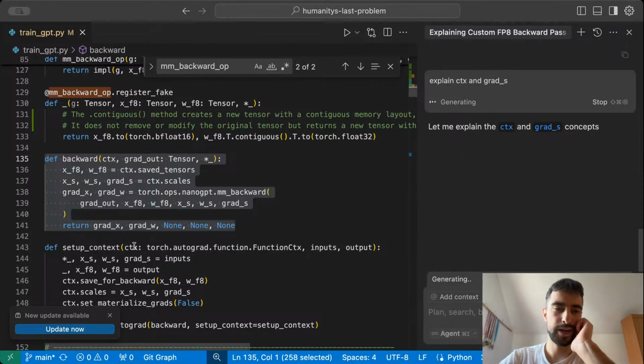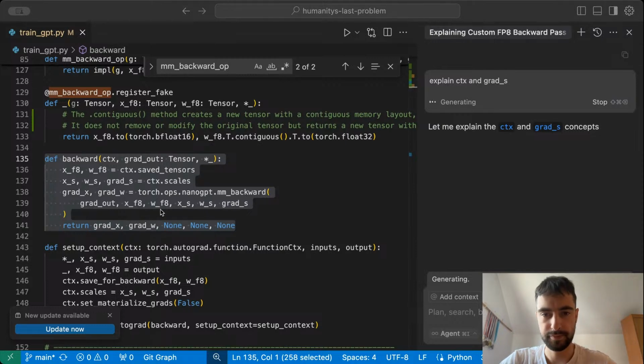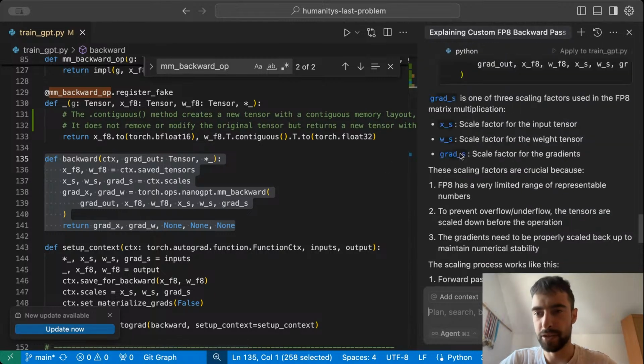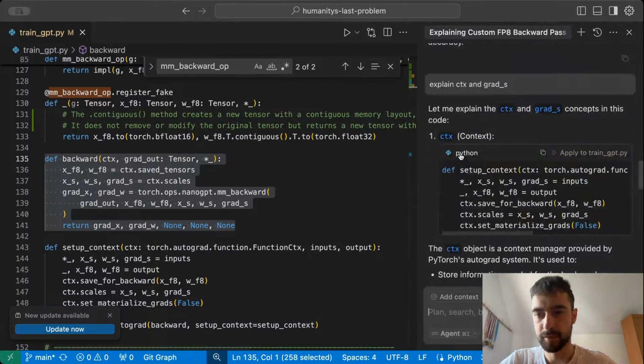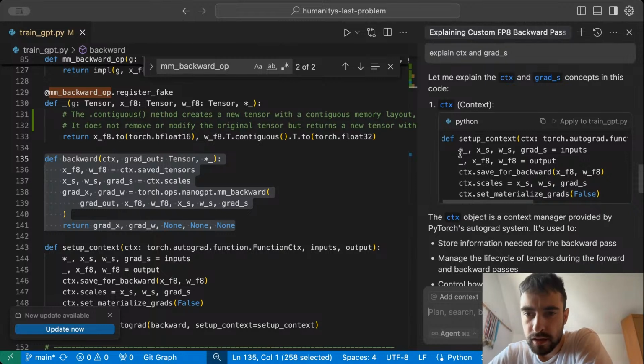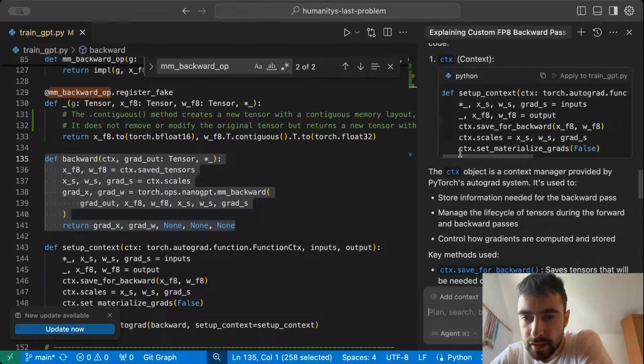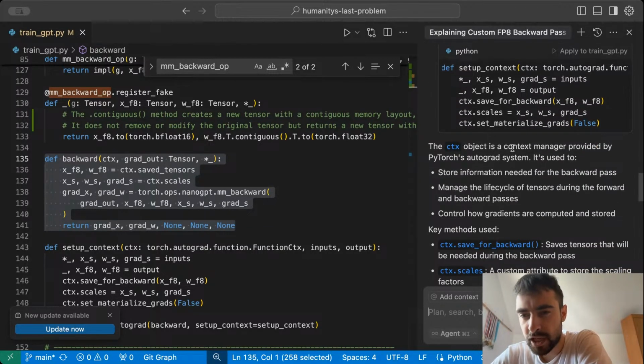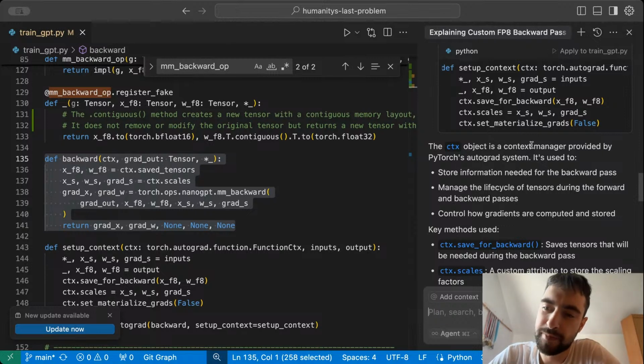So gradient scale here. Why is it not working? What? Oh, it is working. Let's go. The context object is a context manager provided by PyTorch's AutoGrad system.